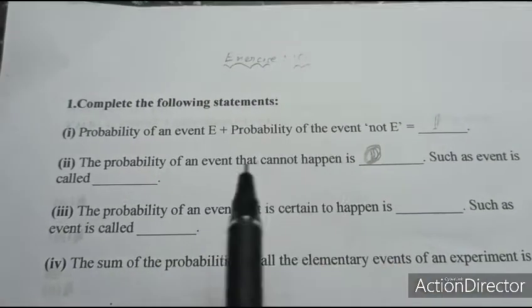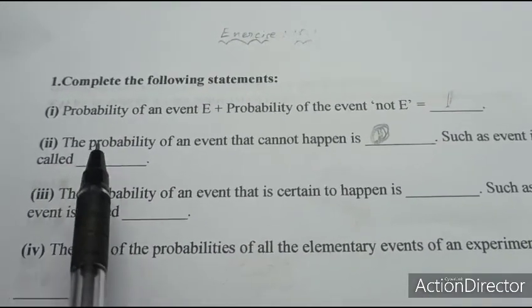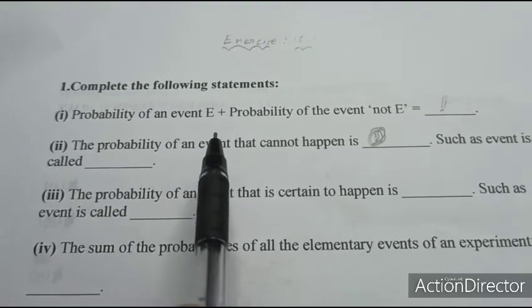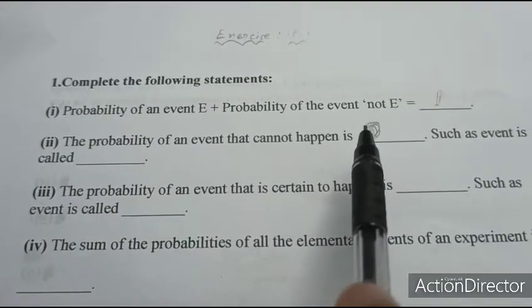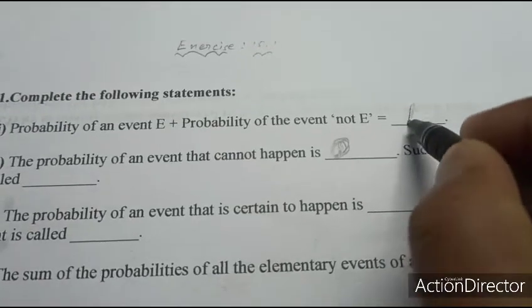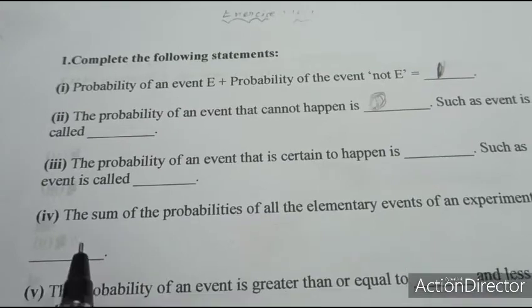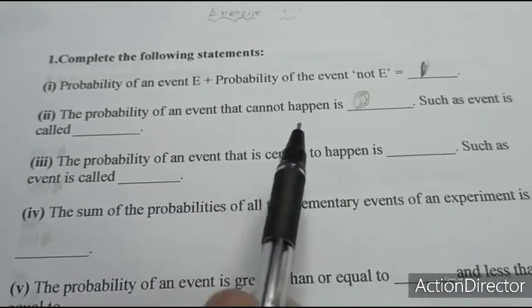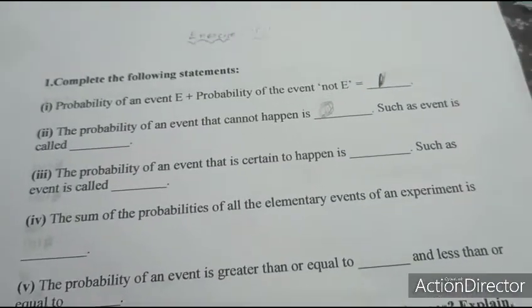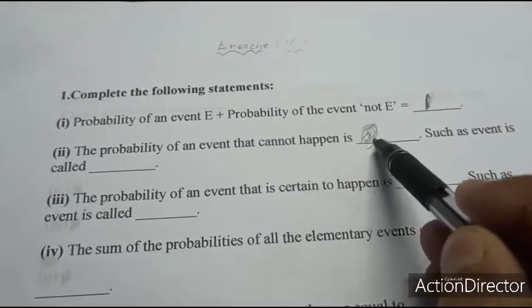Next, Exercise 15.1. Complete the following statements. First question: the probability of event E plus the probability of event not E is 1. That is, P of E plus P of E bar is 1. Second question: the probability of an event that cannot happen is 0.